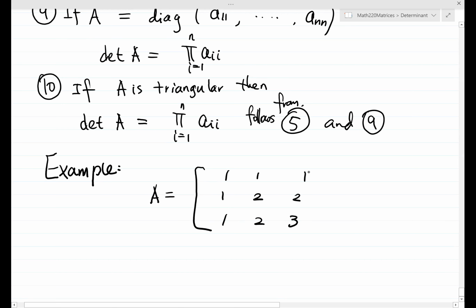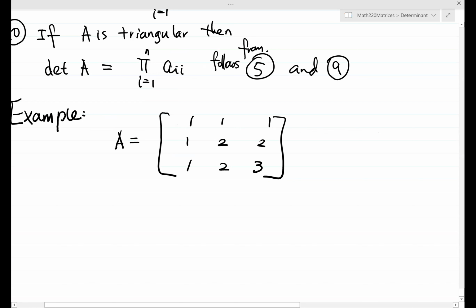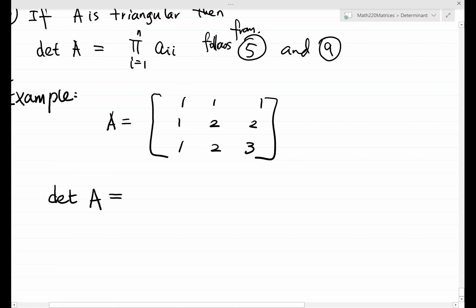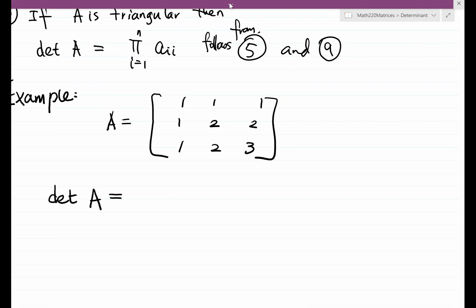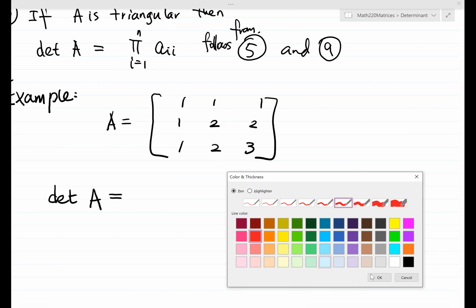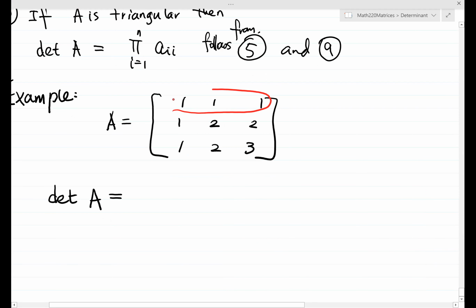First of all, we can use the cofactor. Find the determinant of A by cofactor, expanding along the first row. Let me color the first row in red.